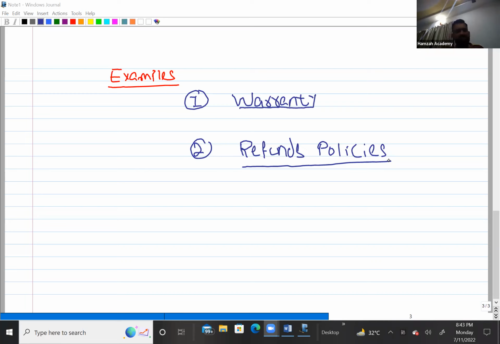In a refund policy, when we sell something to a customer, we give him a time period of, for example, 3 months, usually, or 1 month or 2 months, that if you are not satisfied with the product, if my claims are not true, and you find something I'm claiming which is not in the product, you can come back with that product in the next 3 months and I will give you, for example, a 100% refund.